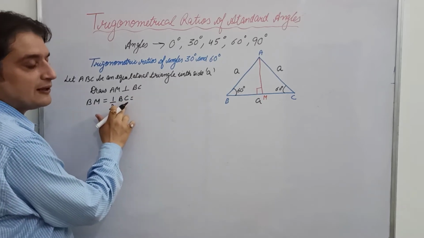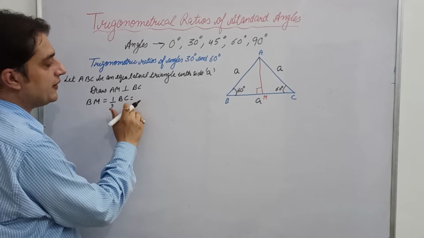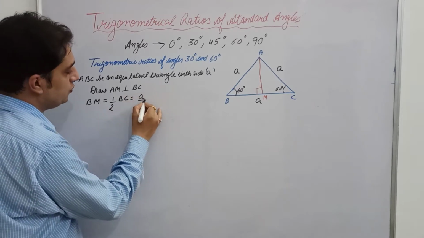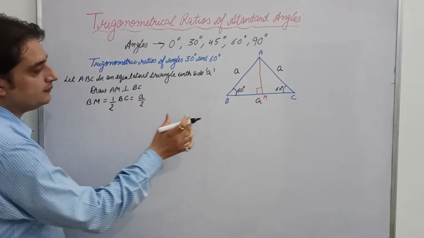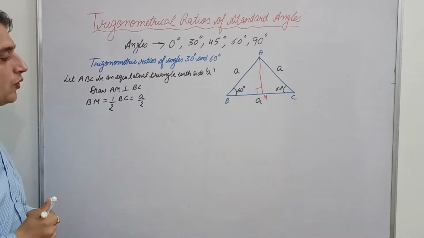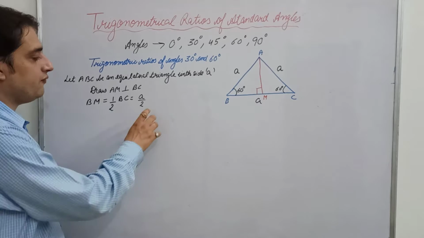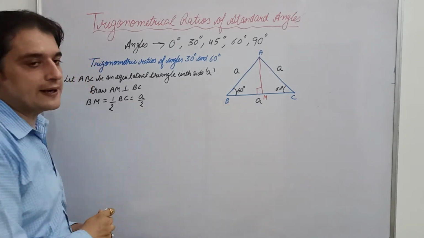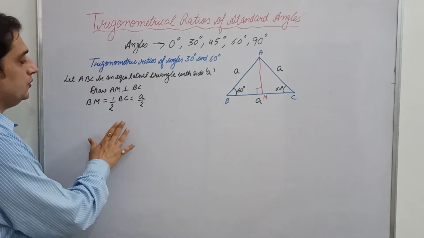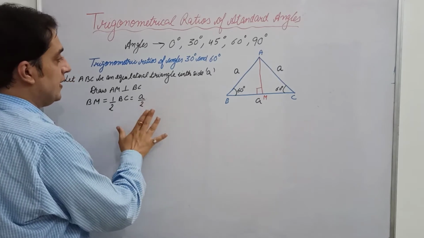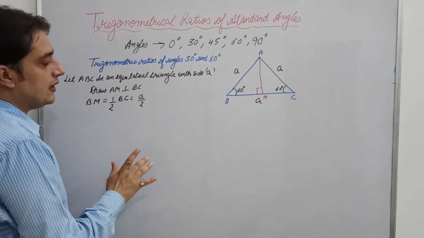BC is the length of the side of an equilateral triangle, that is A. So this length BM is equal to A by 2, the half of the side of an equilateral triangle. So we can find the value of T ratios for these two angles.